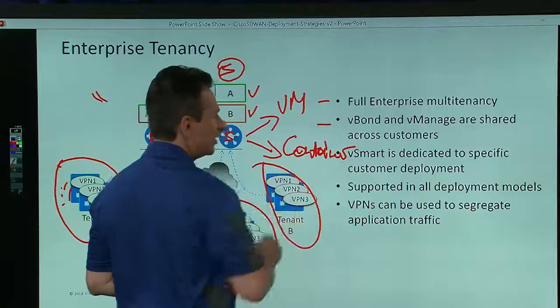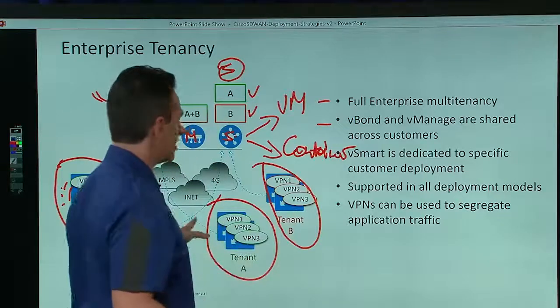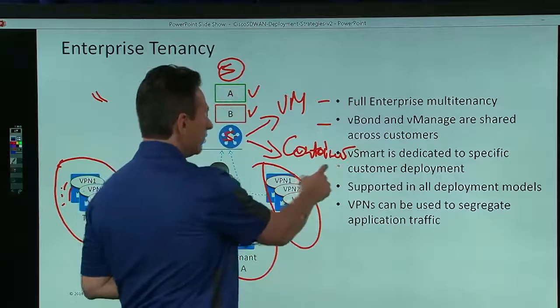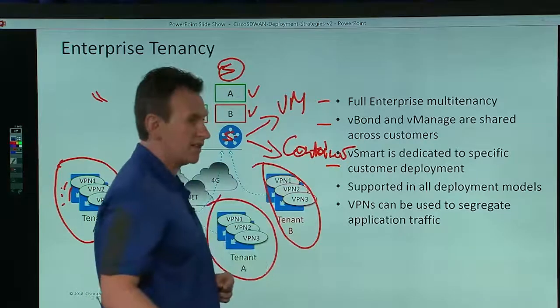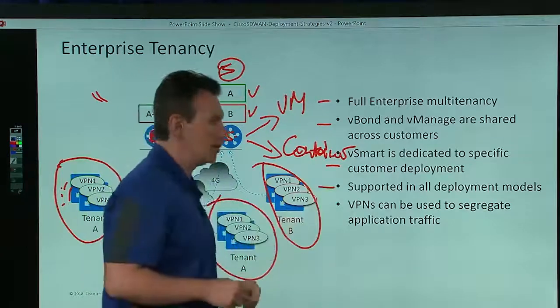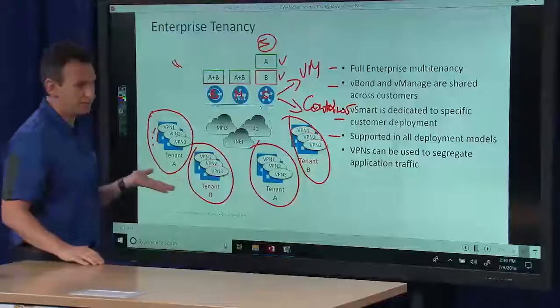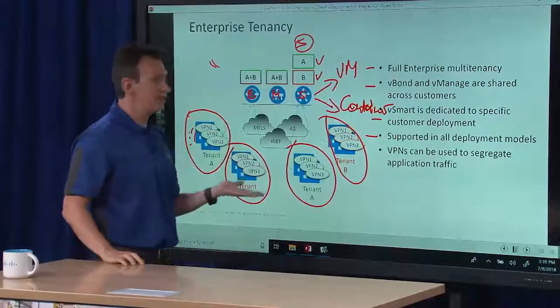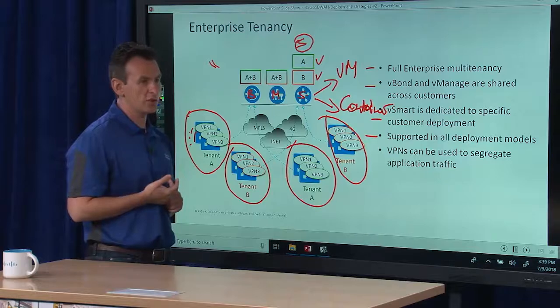As we said, the vBond and vManage are shared across customers. vSmarts are deployed per customer, and as we said, could be deployed as a virtual machine or as a container. And again, just like in previous cases, it is supported in all deployment models, which means cloud, Cisco Cloud, which operates like this already. You have a partner that wants to launch the service.